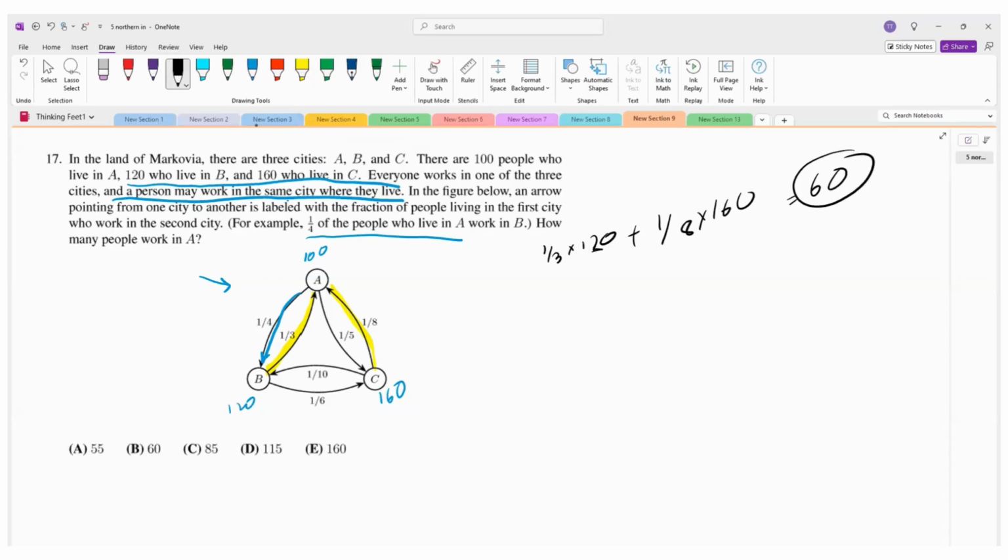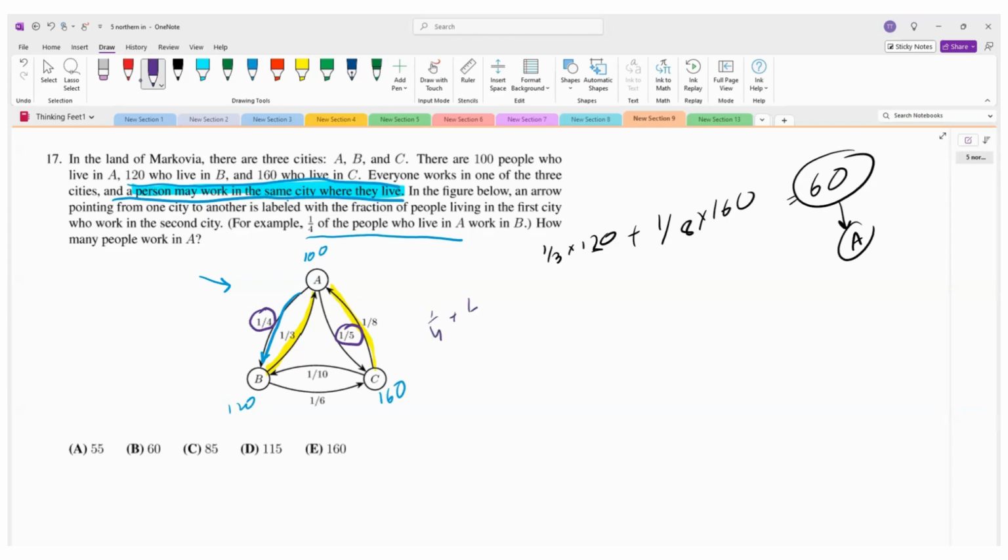So 60 total are moving into A to work, but we got to keep in mind that a person may work in the same city where they live. So we got to figure out how many people who live in A also work in A, right? So for that, let's look at the people who are moving out of A to work. This is a 1/4 and this is a 1/5. These are the 2 arrows coming out of city A. So I'm going to add them together.